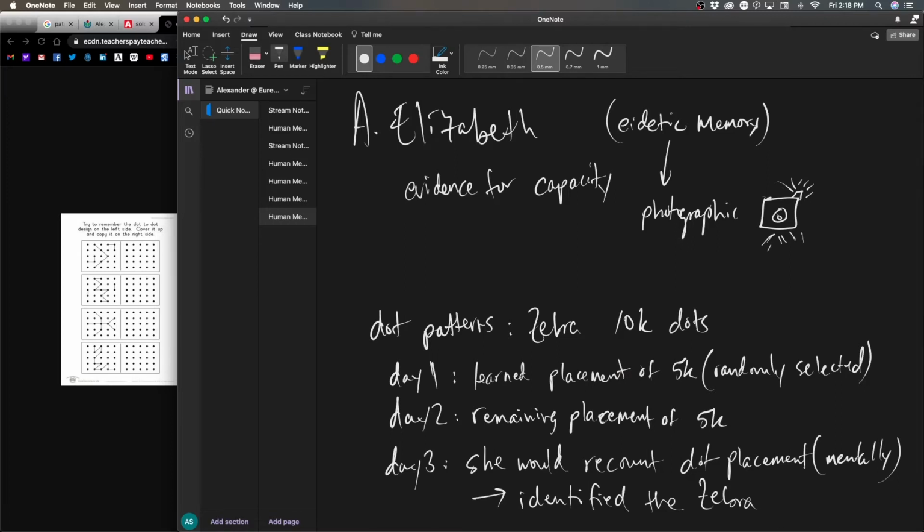But this wasn't necessarily pointillism, actually. It was these kinds of dot patterns.